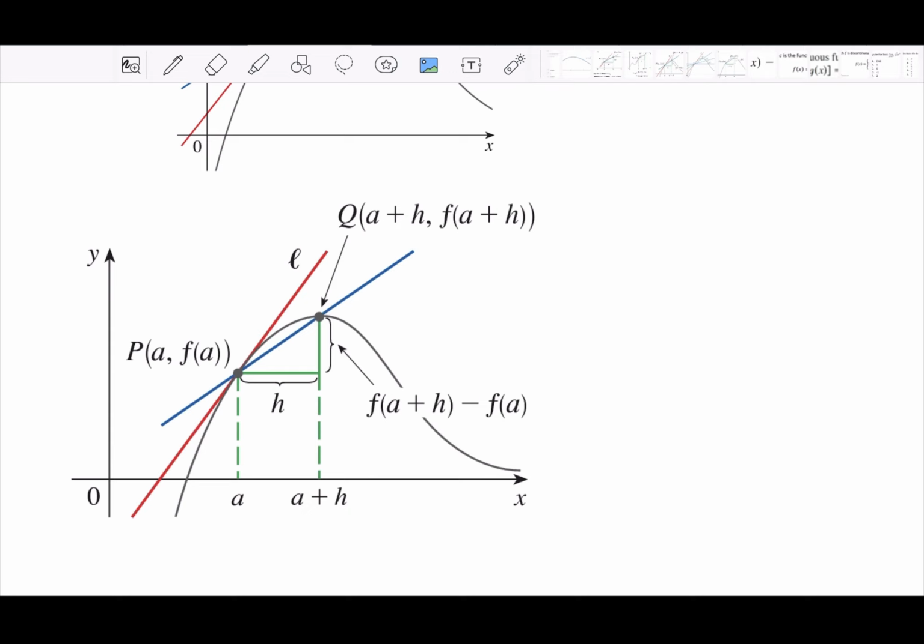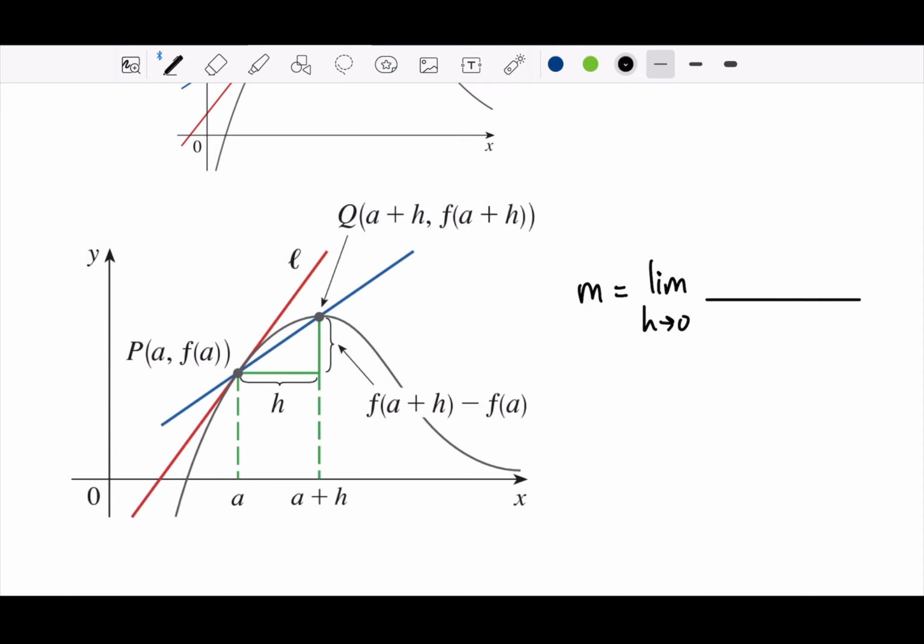Now what we are doing is we are having the distance h. Instead of letting this point get closer here, we are going to have this h getting to 0. So what we are going to write is that m is the limit as h goes to 0.